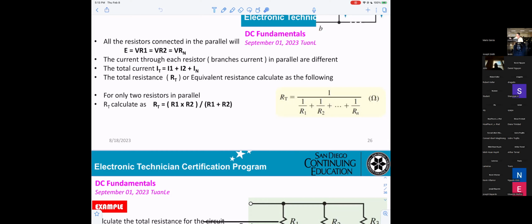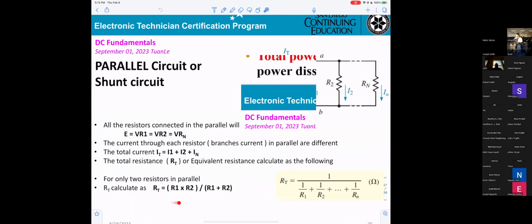And if you have only 2 resistors in parallel, you use this formula: R total equals R1 times R2 divided by R1 plus R2. The first formula applies for more than 2 resistors in parallel, and this formula is only for 2 resistors in parallel.